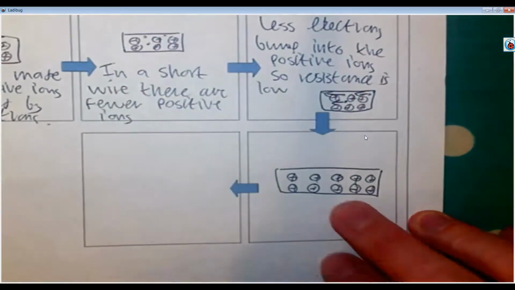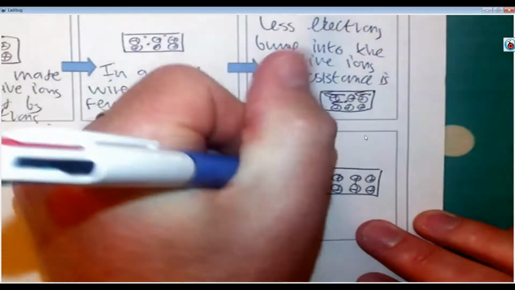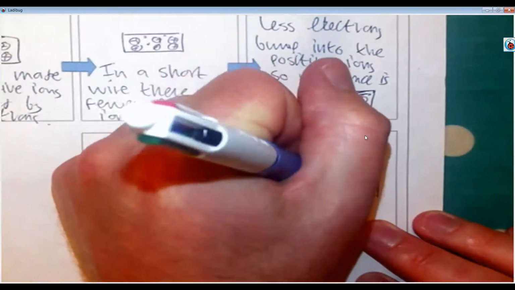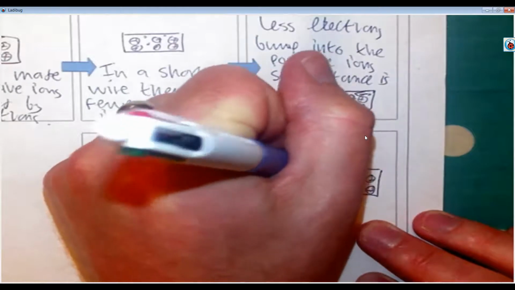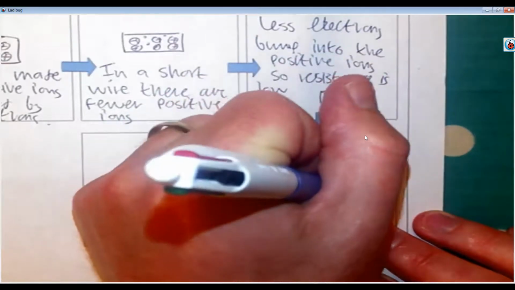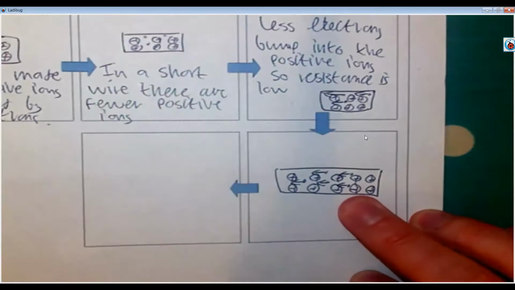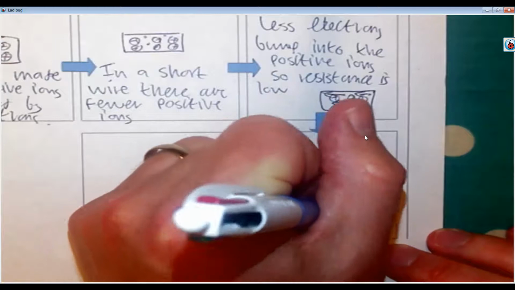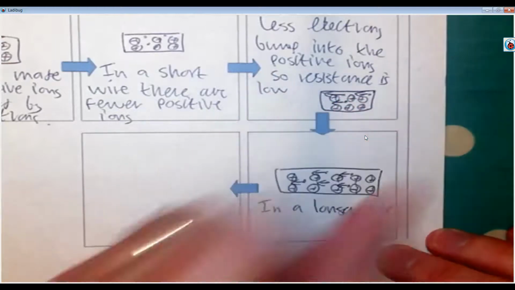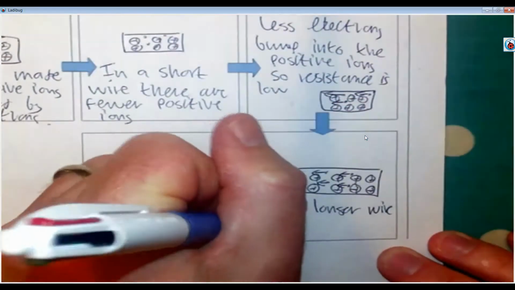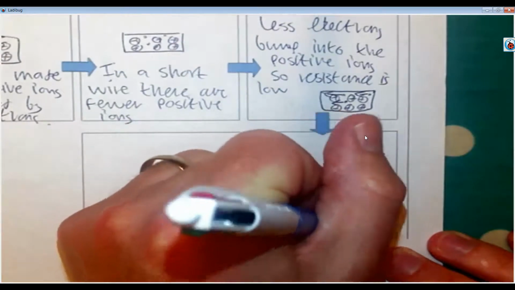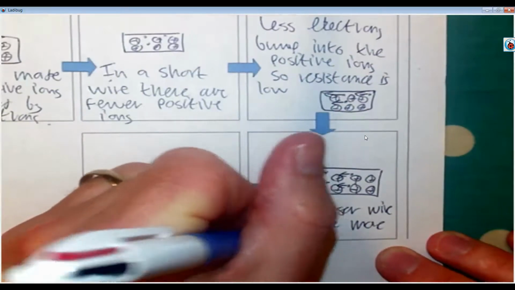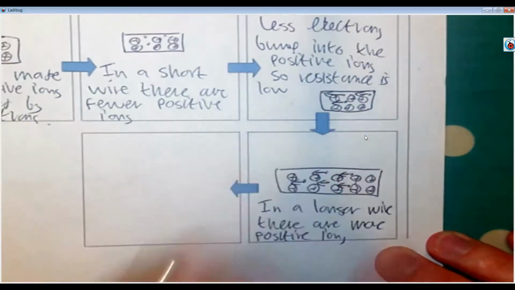So we've got our metal ions, we've got our wire, and we have our electrons moving through, trying to get through the wire. In a longer wire, there are more positive ions.